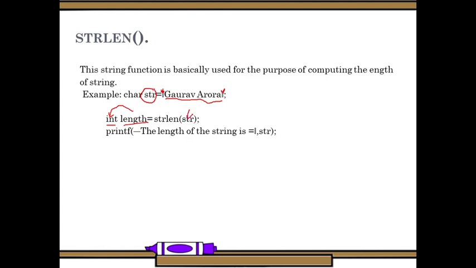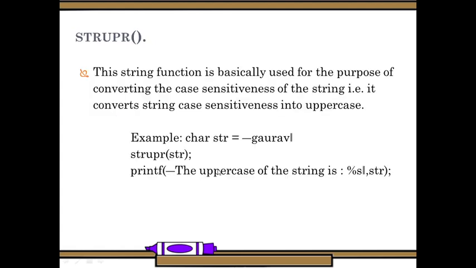Then it displays with printf in double quotes the length of the string. The length of the string is 1 2 3 4 5 6 7 8 9 10 11 12 characters. Then we have the next one, string upper.